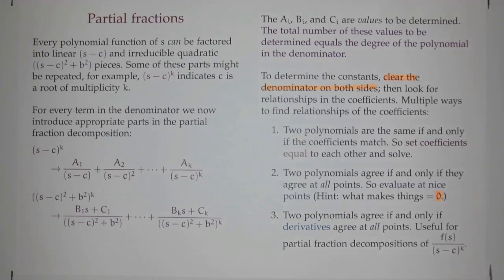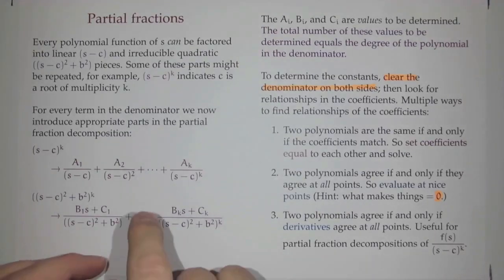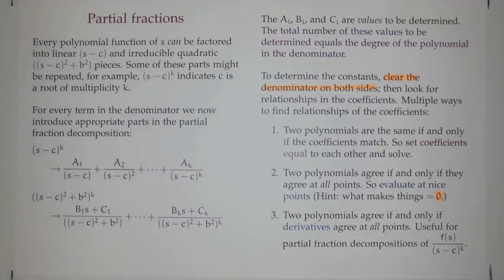Okay, so the plan: we have polynomial over polynomial. We figure out the right form, clear out the denominators, solve for what these constants have to be. Now, for all those fans of partial fractions, and I know there must be some out there, what did we miss? What did we not mention today that is oftentimes associated with partial fractions?